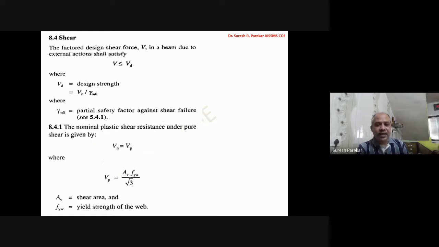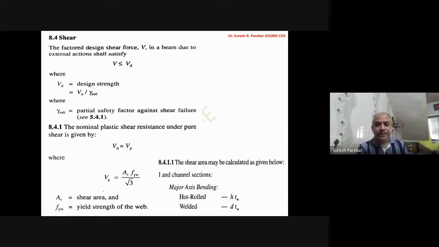It is given as Vp, that is Av fyw upon root 3. What is Av? That is the shear area. Shear area means web depth into web thickness. Fyw is the yield strength of the web.